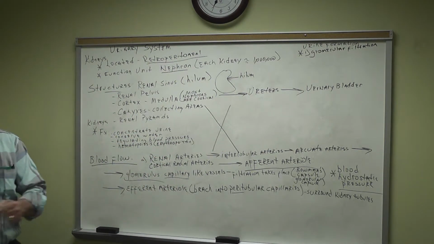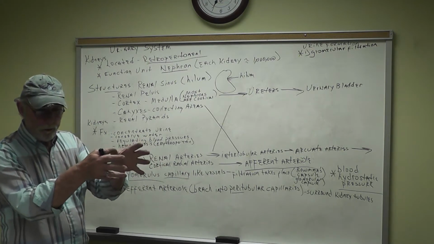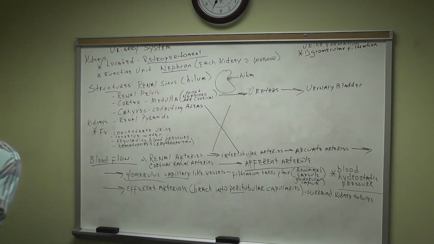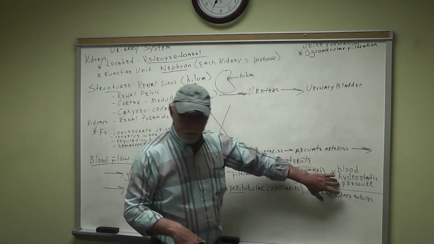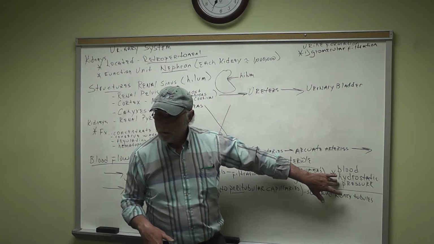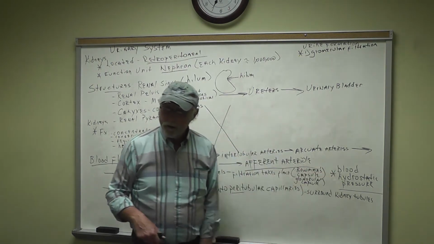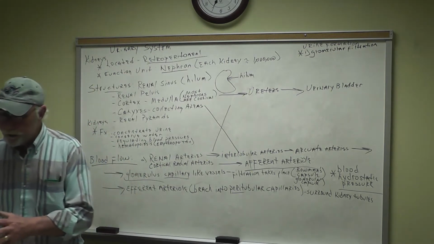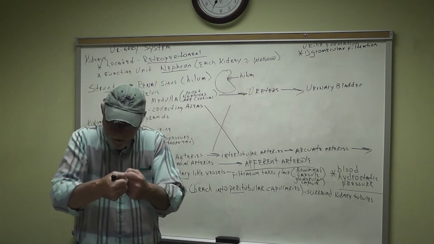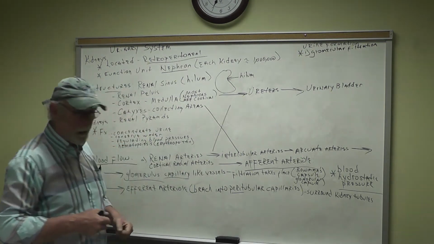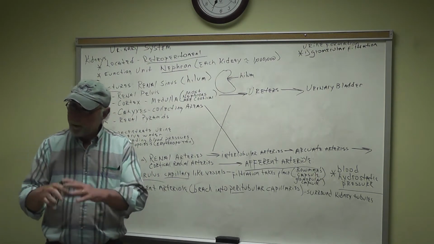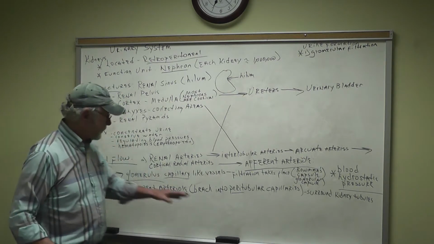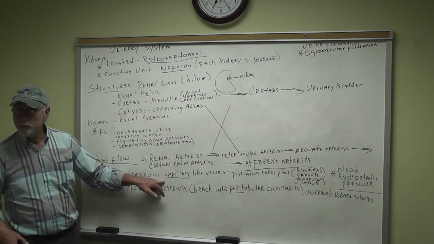So materials move out at the arterial end, and then they move back in at the venous end, because hydrostatic pressure is greater at the arterial end and blood colloidal osmotic pressure is greater at the venous end, so it tends to pull materials back in. The blood colloidal osmotic pressure is provided primarily by large plasma proteins that are not filtered. They stay in the blood.